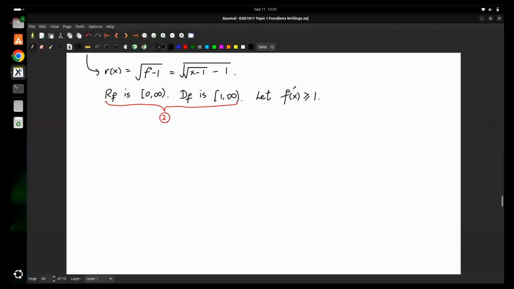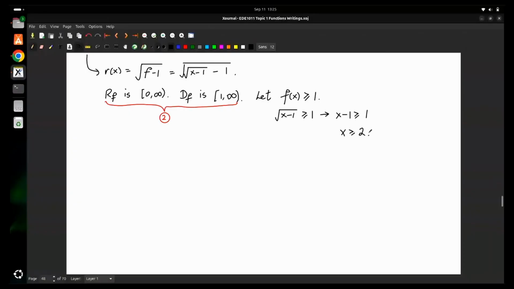But what's f? f is just the root of x minus 1, more than or equal to 1. So x minus 1 must be more than or equal to 1, so x must be more than or equal to 2.